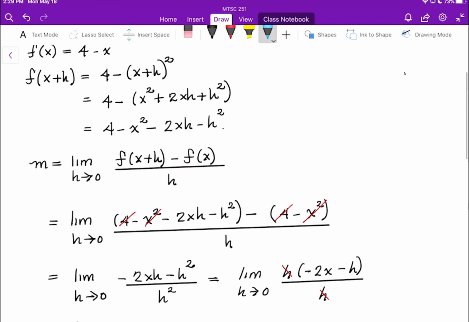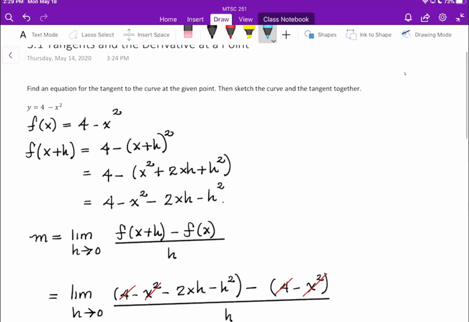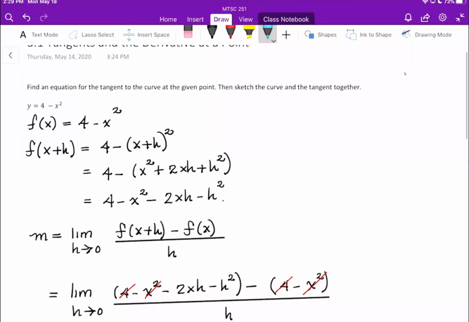So now we know what the limit of that particular function was. And the question asks us to find an equation for the tangent to the curve at the given point. The point that we're going to use is the point 1, 3. So if x equals 1, then y is equal to 3.